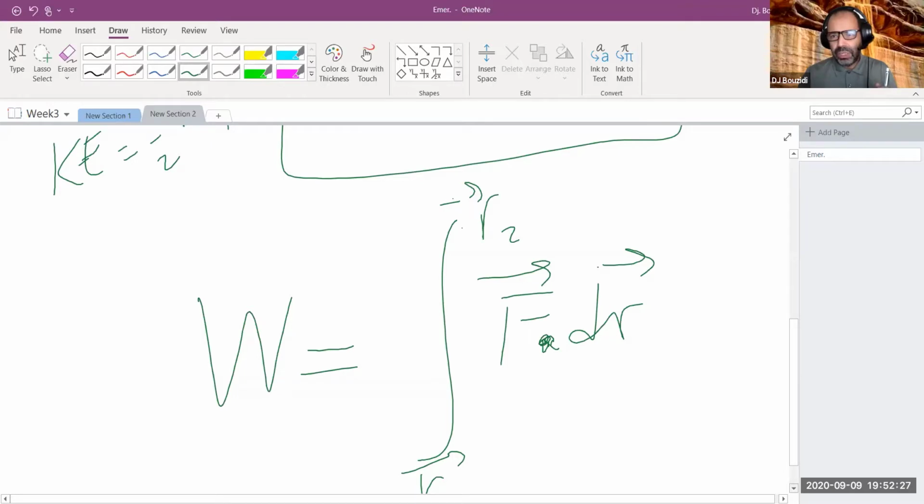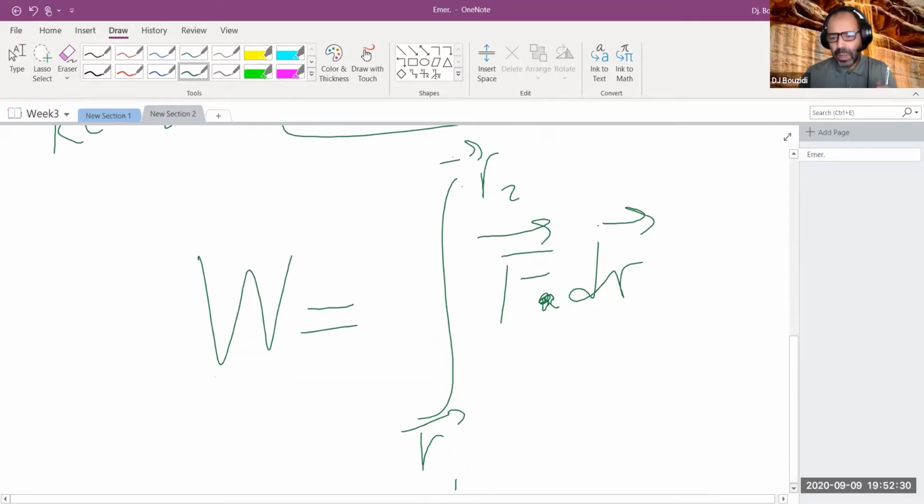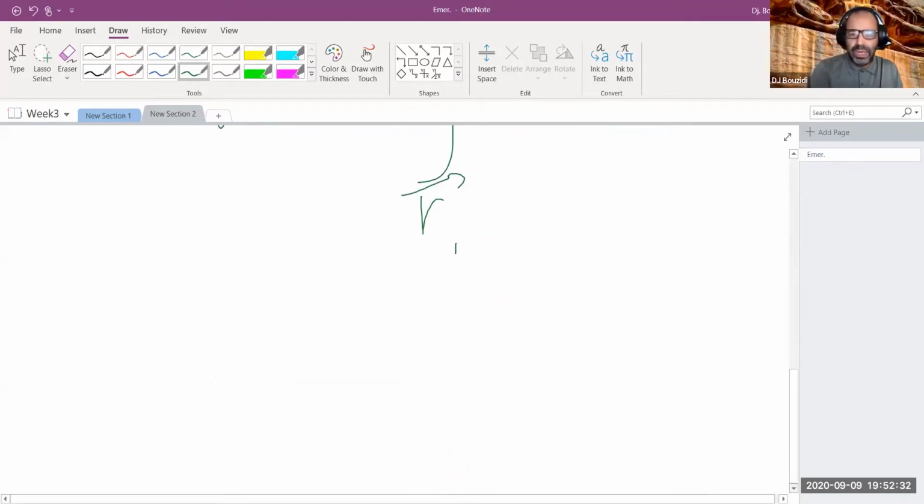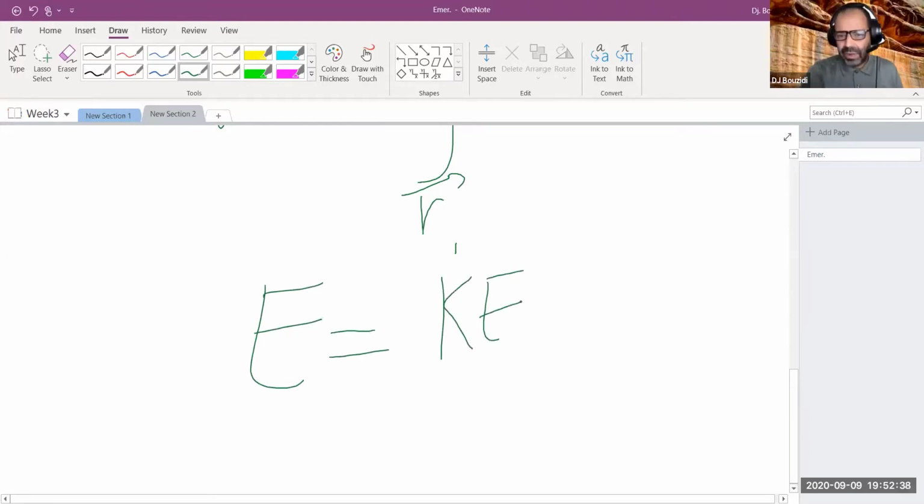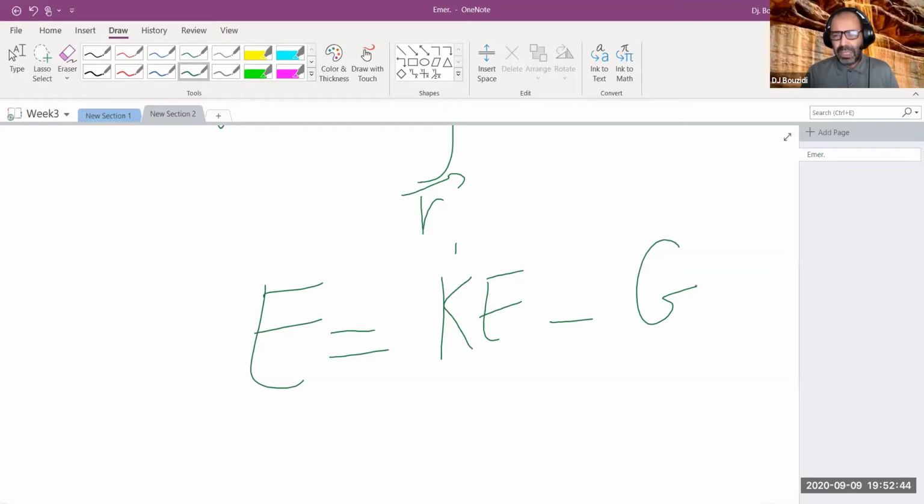Because if we're just concerned about the antiderivative by itself, we will find at the end that we have to define the total energy of the system, the mechanical energy, as the kinetic energy minus the antiderivative, which I'm going to call G in here. So this is my antiderivative. But that's not really cosmetically beautiful.